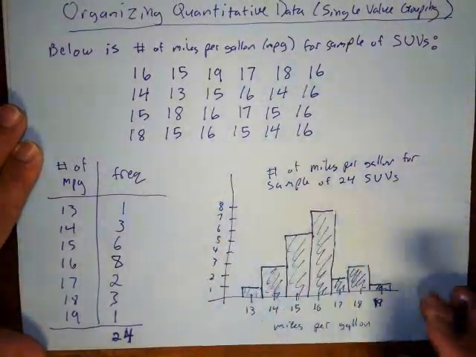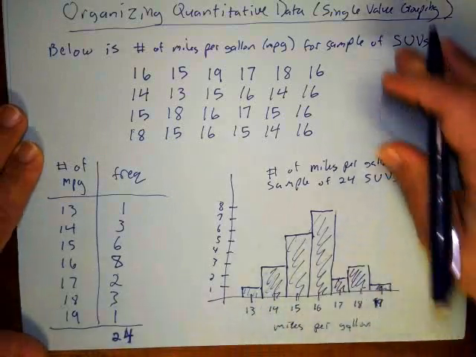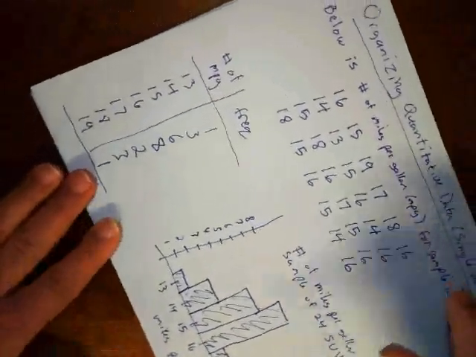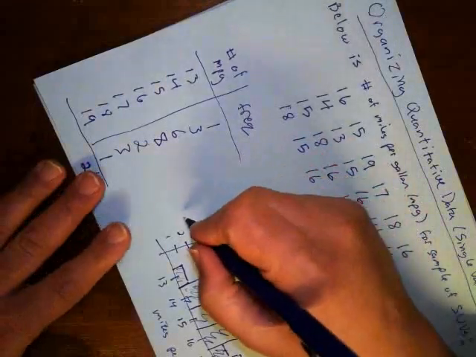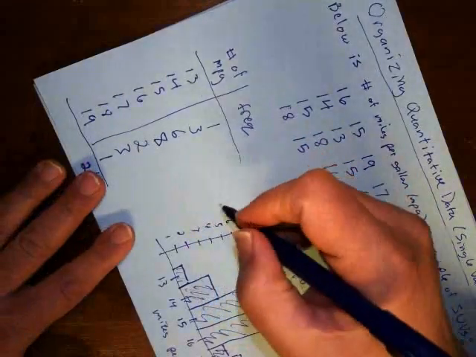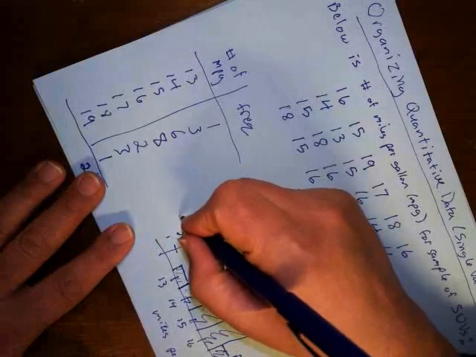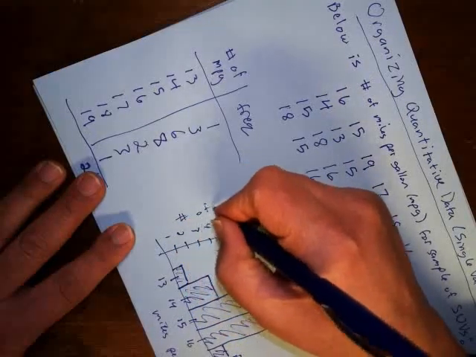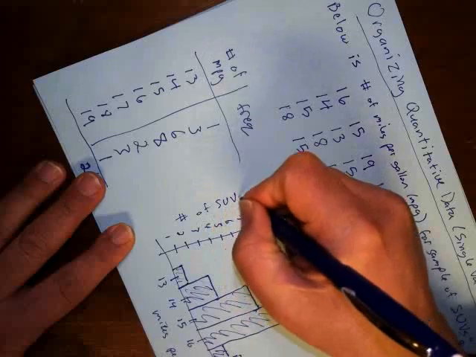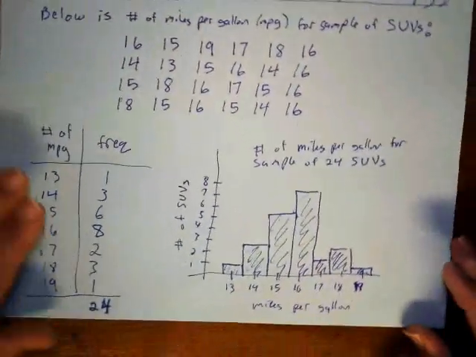What would this axis be here? This is the number of miles per gallon, and this axis would be number of SUVs.